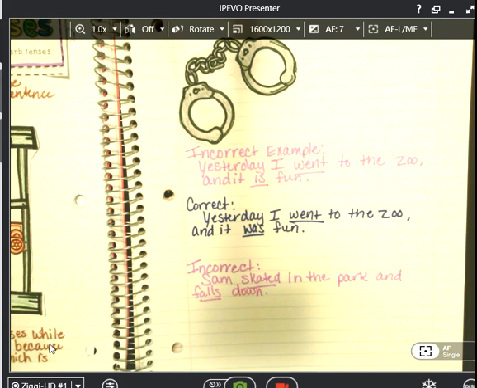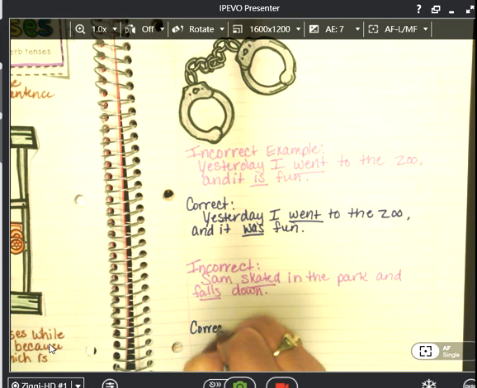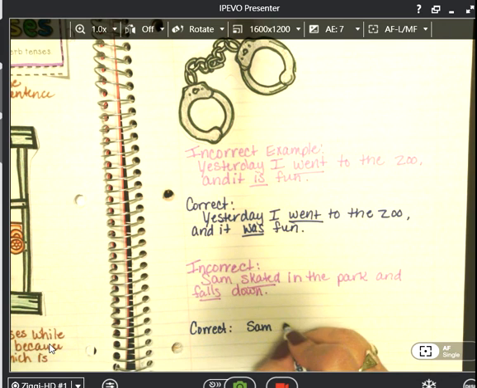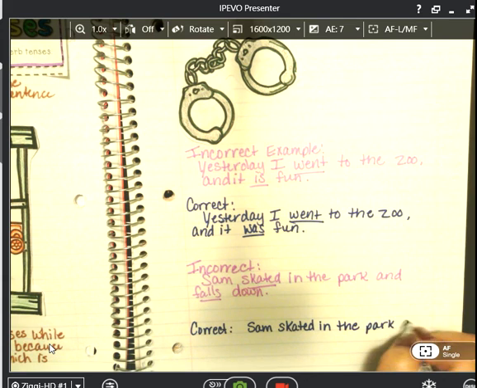Well, obviously skated is the past tense, falls is the present tense, so that is really confusing when you're reading that. You would write it correctly as, Sam skated in the park and fell down.